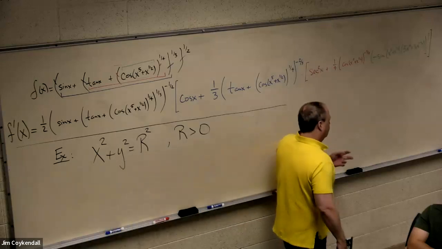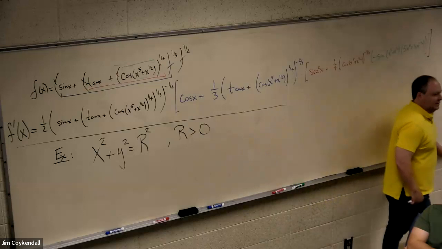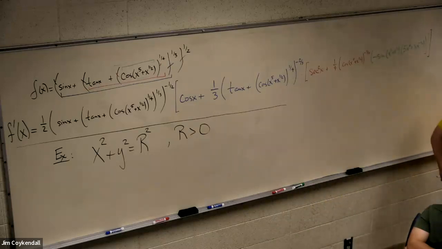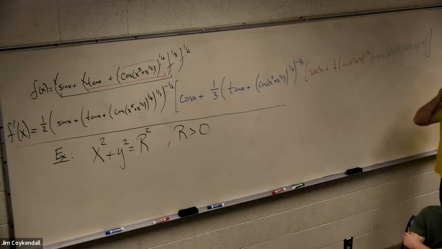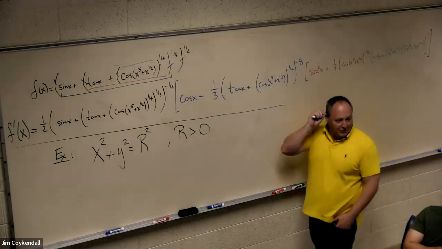Think back to the days when lab was expensive. It's not linear because you've got powers that are not one. Let your thinking come full circle. It is a circle of radius r.